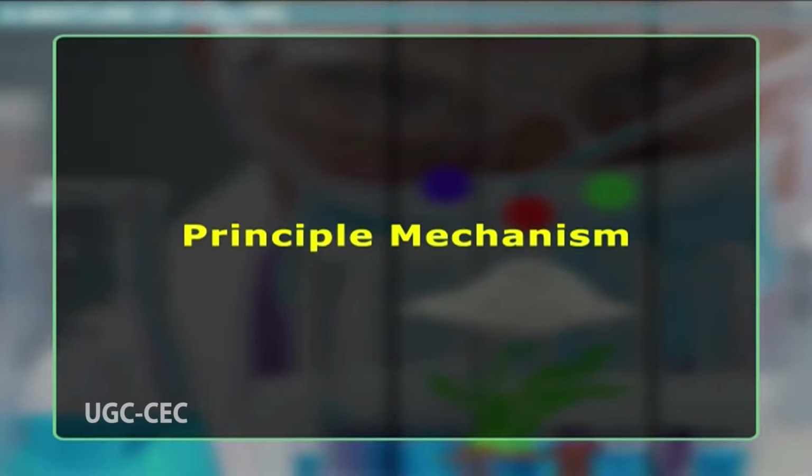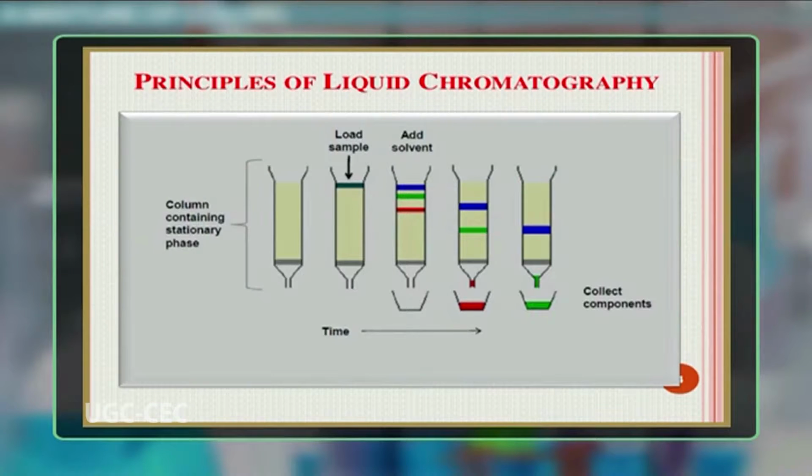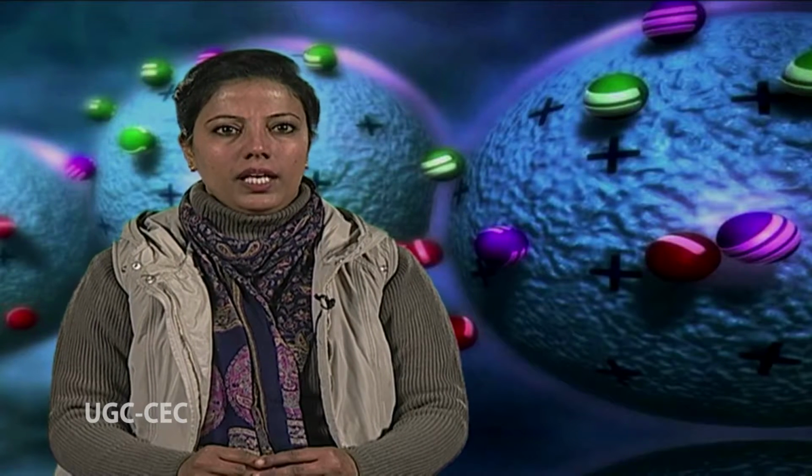Principal mechanism: ion exchange chromatography, which is designed specifically for the separation of differently charged or ionizable compounds, comprises mobile and stationary phases similar to other forms of column-based liquid chromatography techniques. The mobile phase consists of an aqueous buffer system into which the mixture to be resolved is introduced.